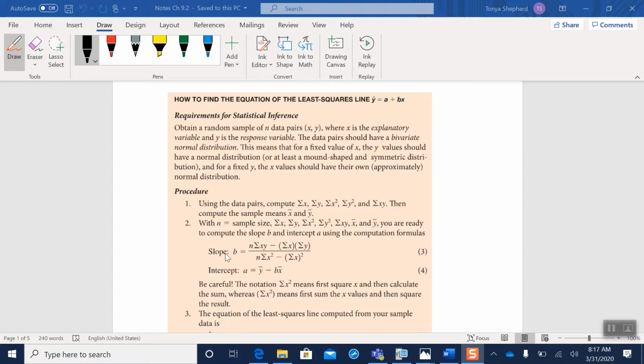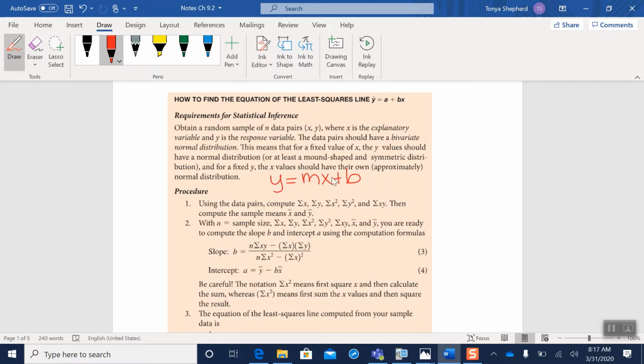So this formula down here has a couple of different parts to it because the equation of the line is always y equals, and then in our other math classes we've written mx plus b. Well, in statistics, we don't use y equals mx plus b.